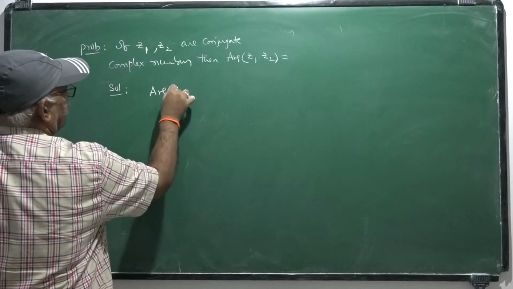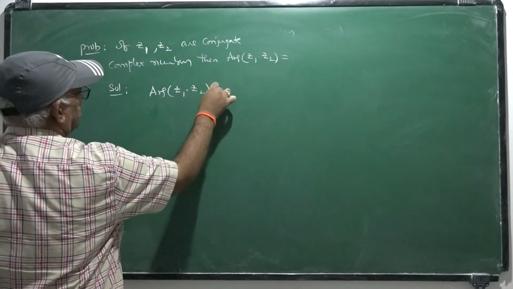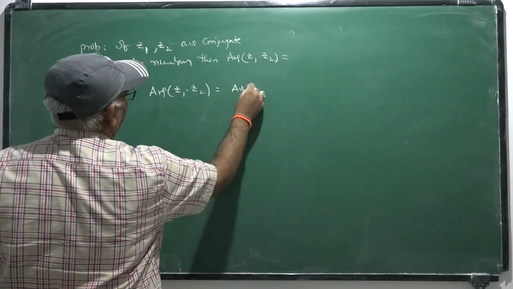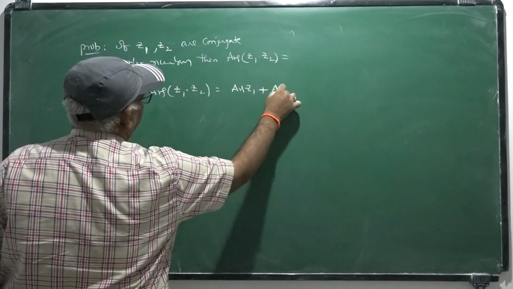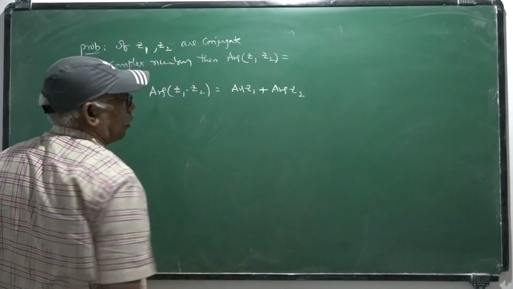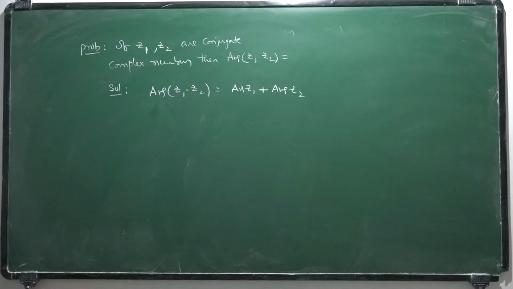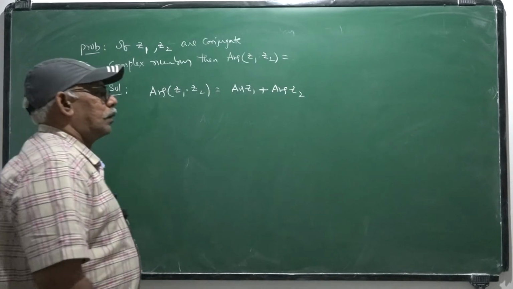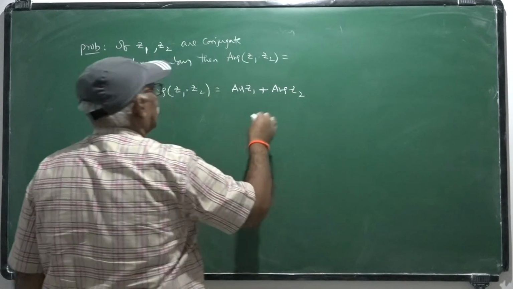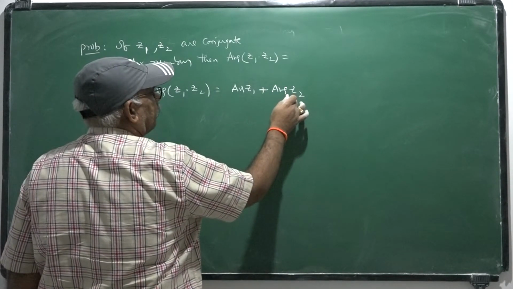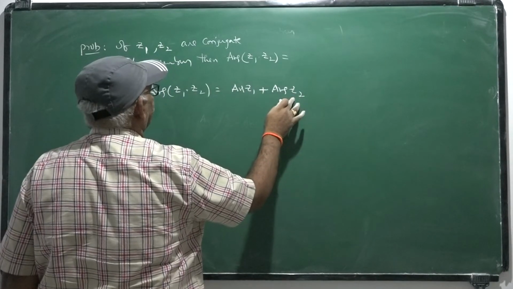We know that the argument of the product of complex numbers is the sum of the arguments. Argument of Z1 into Z2 is argument of Z1 plus argument of Z2. That is the property of arguments.